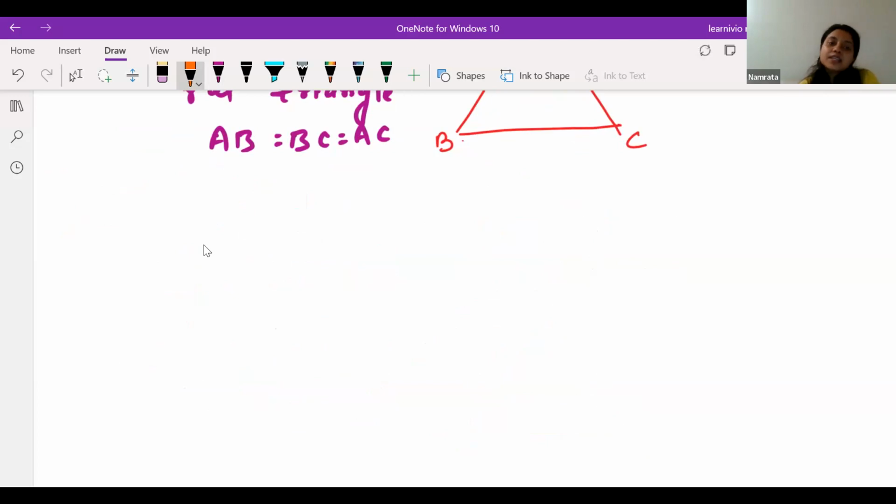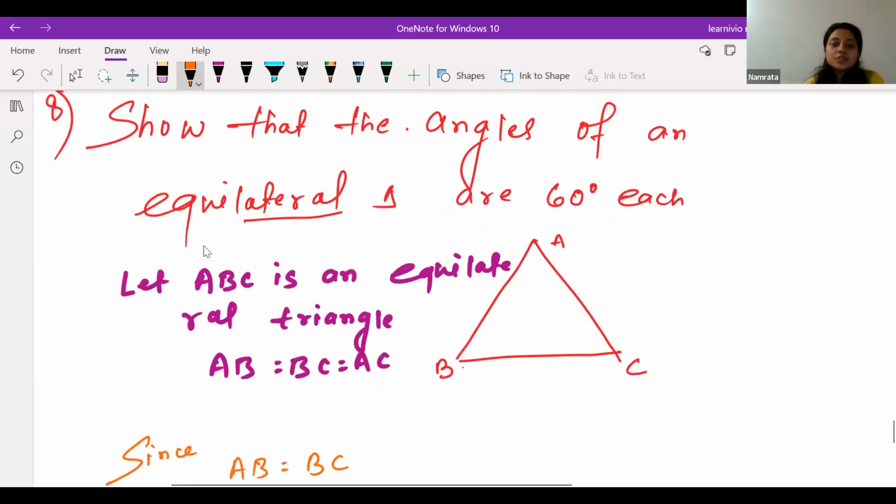I want to say, since AB is equal to BC, two sides are same, now opposite angles must be same. Therefore, what is the angle opposite to AB? If this is side AB, the opposite angle is this one. And what I have taken is BC, so this angle will be same.